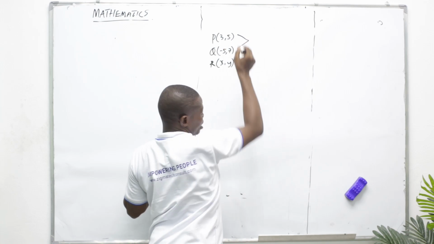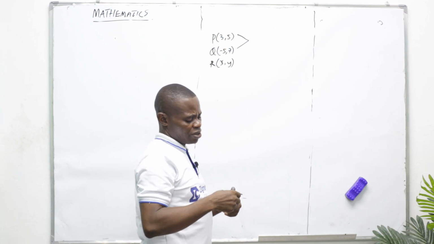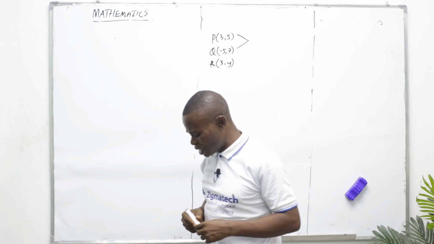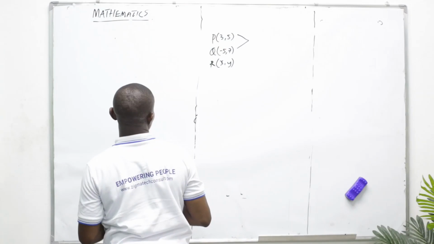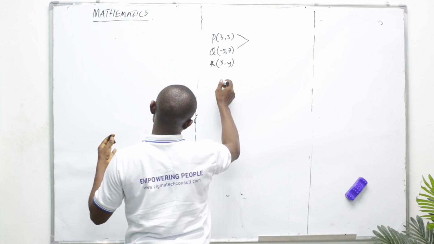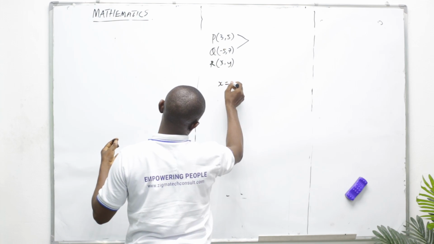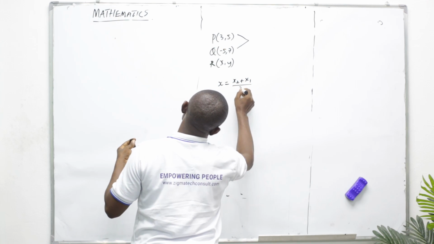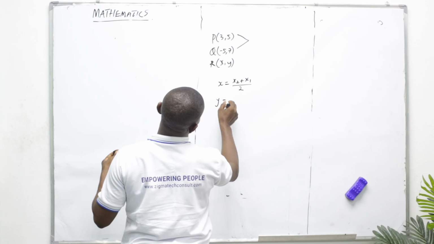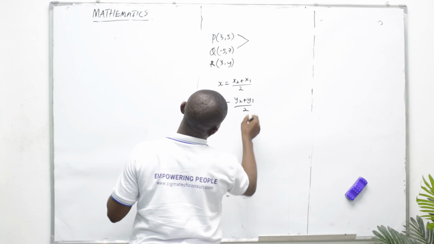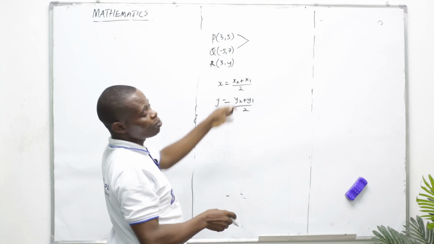These two points here. When you talk about midpoint, the formula is: x equals (x2 plus x1) all over 2, and y equals (y2 plus y1) all over 2. This is what we're talking about, midpoint.